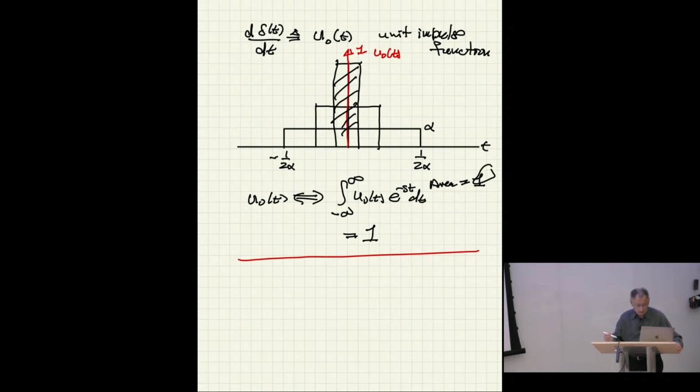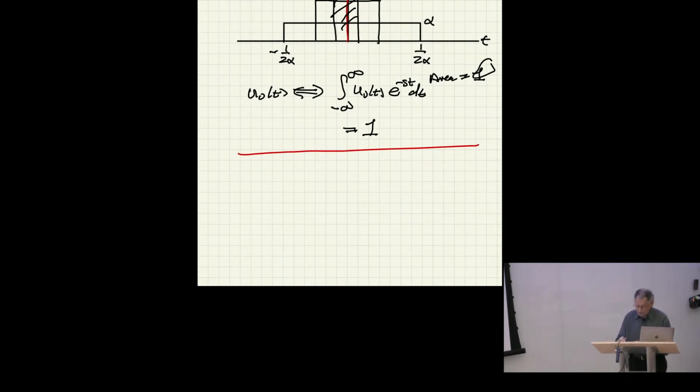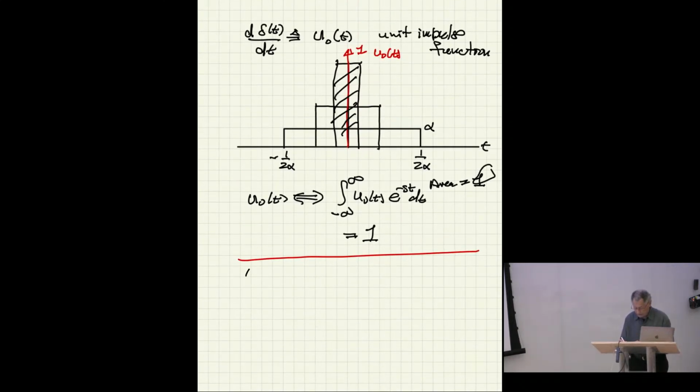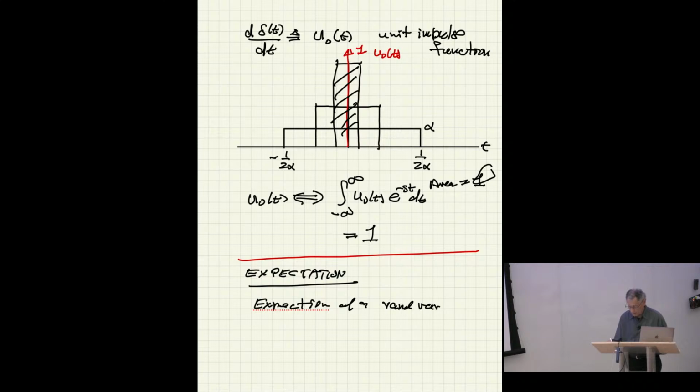Okay, now let's go on to a new concept, the concept of expectation. So the expectation of a random variable, say x of omega, is the following.